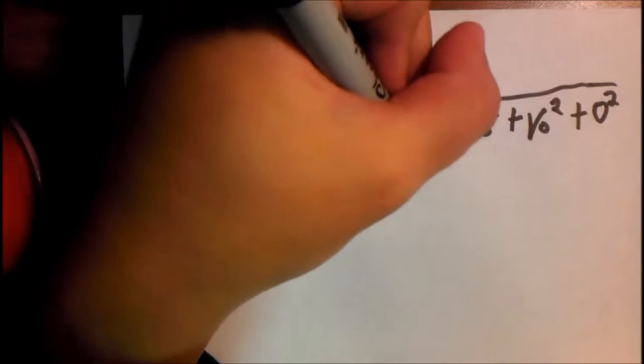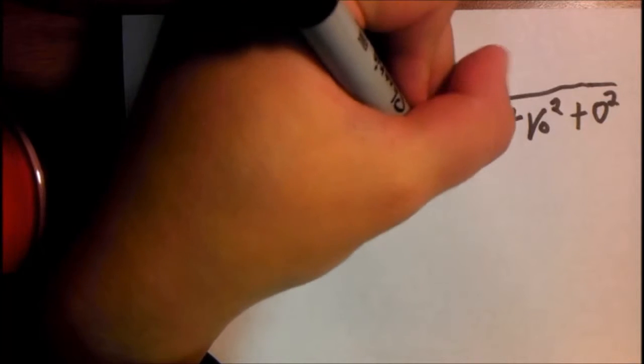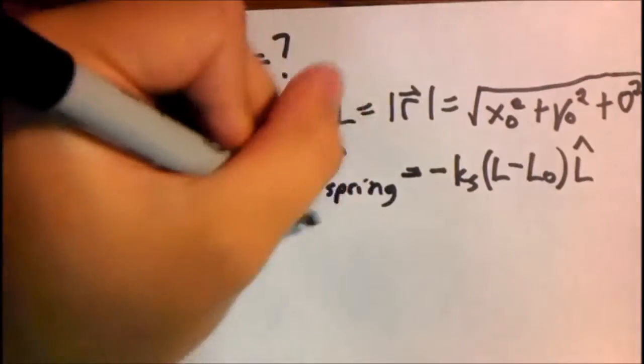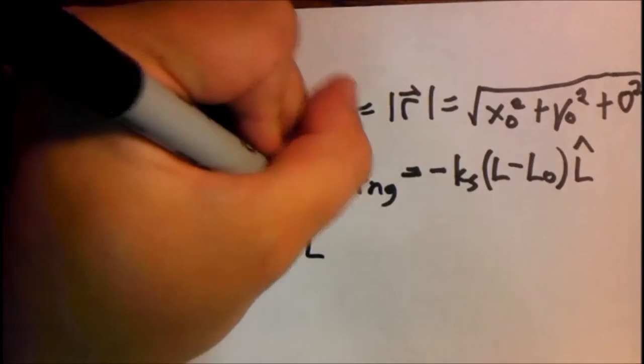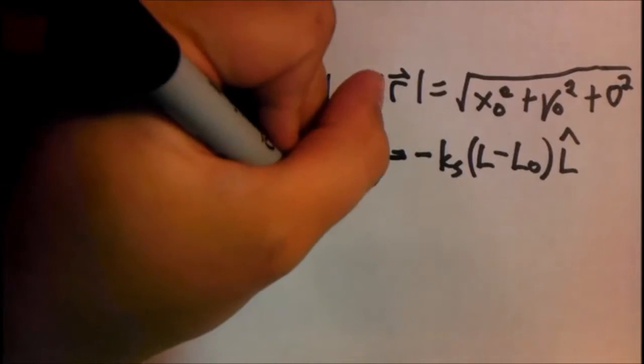is equal to the negative spring coefficient times the stretched length of the spring minus the initial length of the spring, times L hat. L hat is the unit vector of the stretched length of the spring.